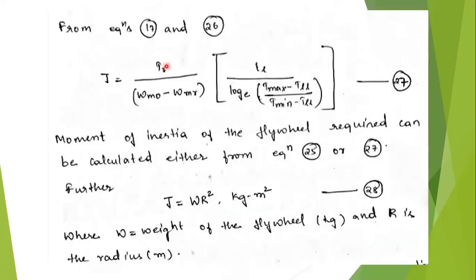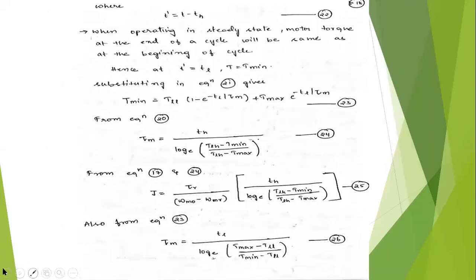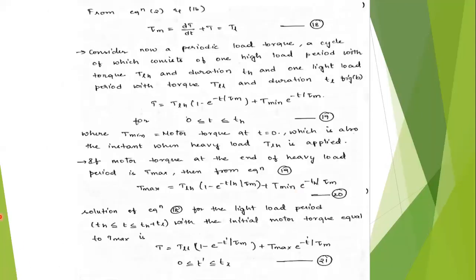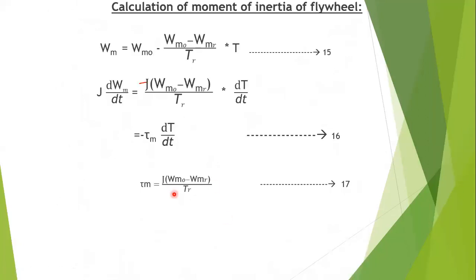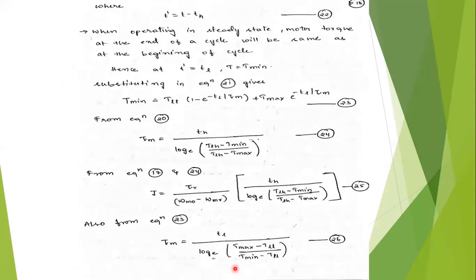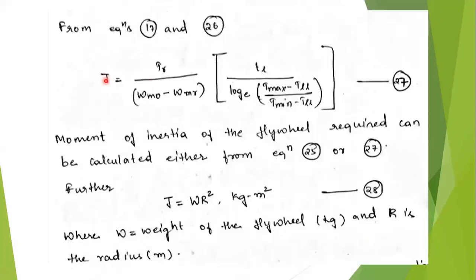This is the 26th equation. From the 17th and 26th equations, J is equal to TR by (omega m naught minus omega mr) times TL.